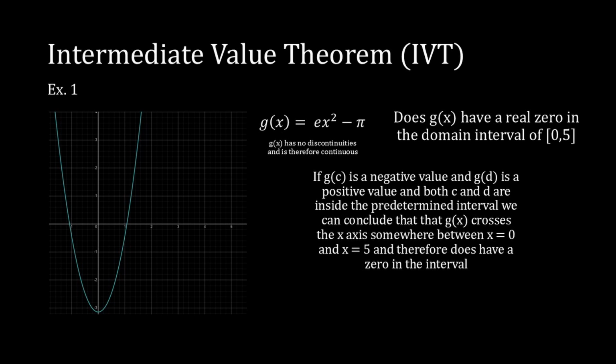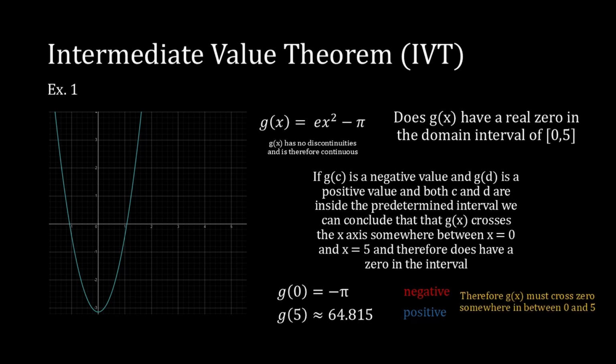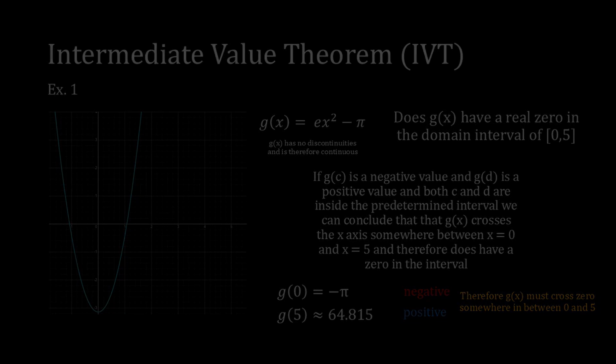For this, we will start as broad as possible with the values defined in the domain, testing the function at g of 0 and g of 5. Sure enough, g of 0 is negative and g of 5 is positive, meaning that through IVT we can prove that the function crosses the x-axis and thus has a zero between x equals 0 and x equals 5.